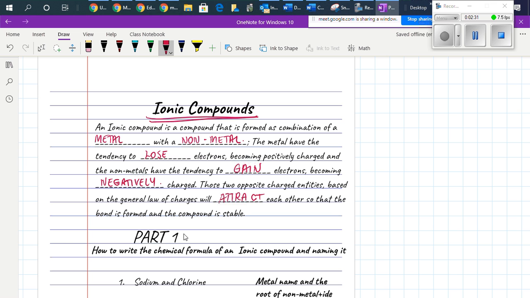So this is telling us that an ionic compound is formed by the combination of a metal and a non-metal.